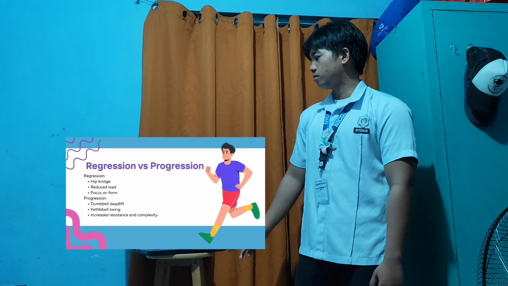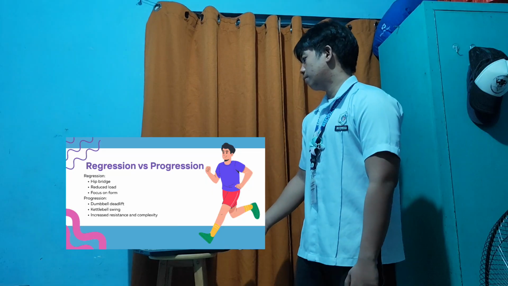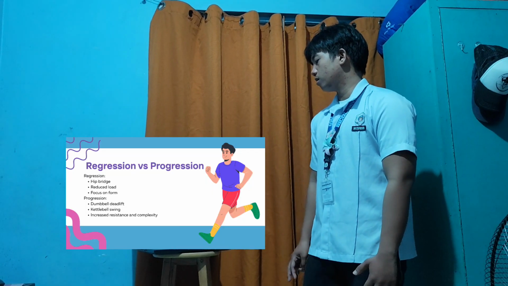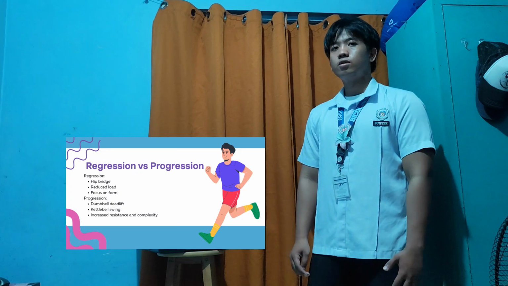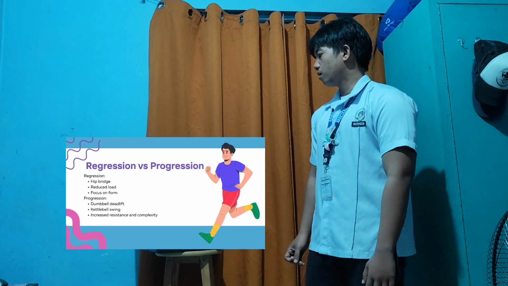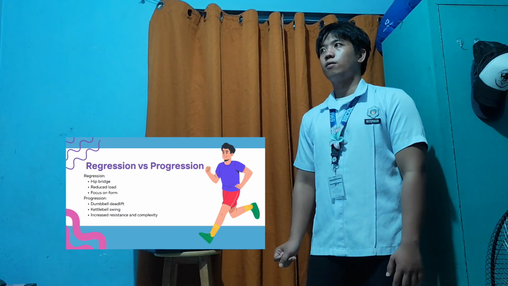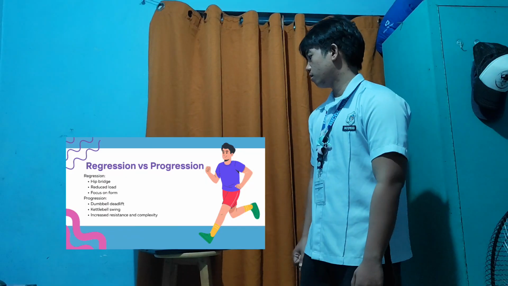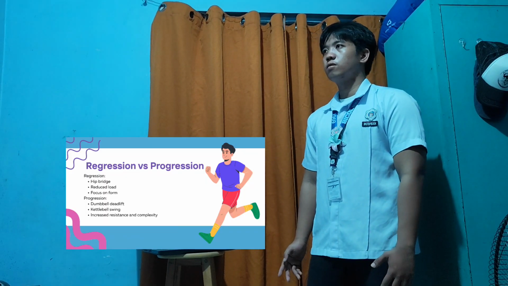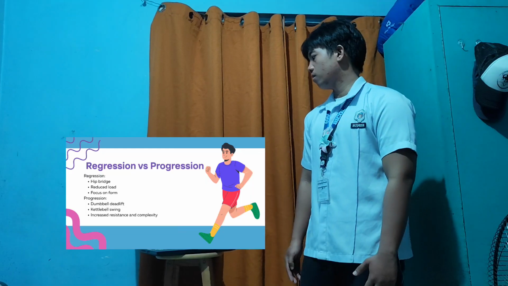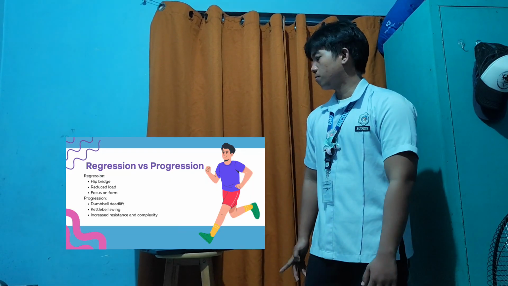The next one is progression. Dumbbell deadlift, kettlebell swing, increase resistance and complexity. So dito naman sa dumbbell deadlift, kailangan medyo advanced na siya, and then yun nga, increase mo yung resistance level and complexity.